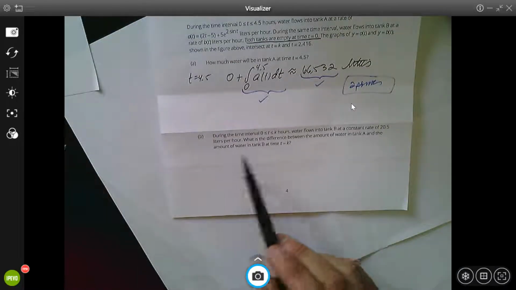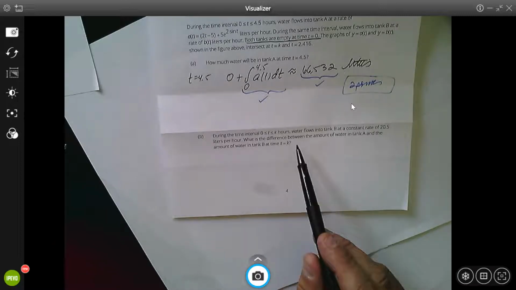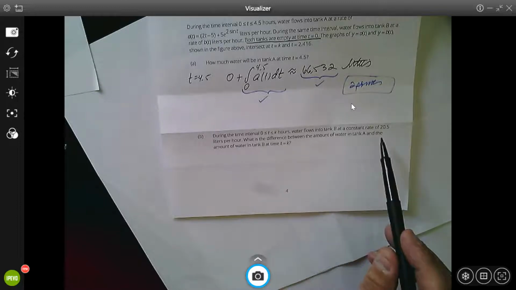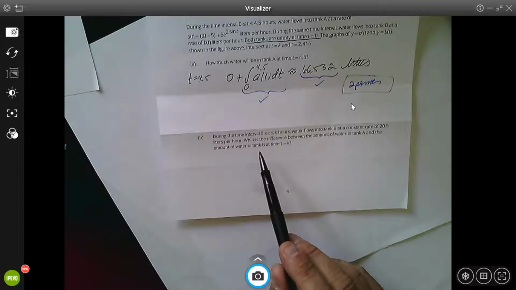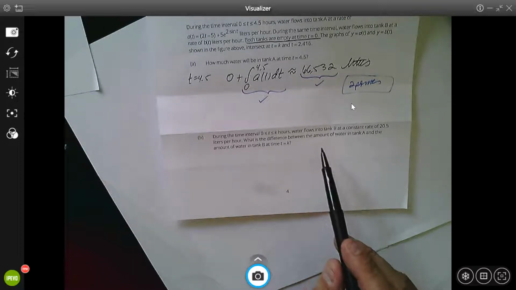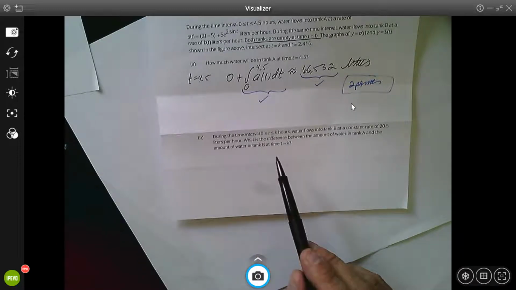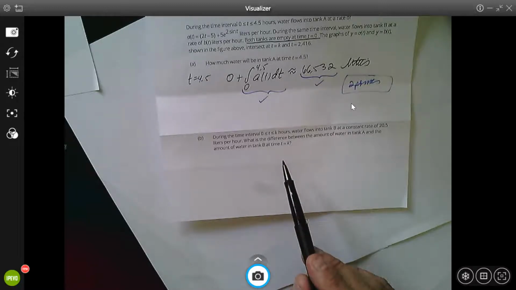During the time interval 0 ≤ t ≤ k hours, water flows into tank B at a constant rate of 20.5 liters per hour. Okay? What is the difference between the amount of water in tank A and the amount of water in tank B at this time t = k? Let me look at this one more time.